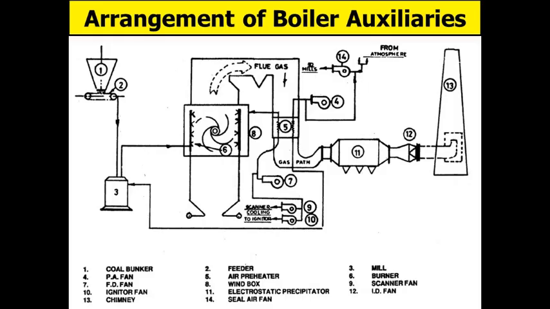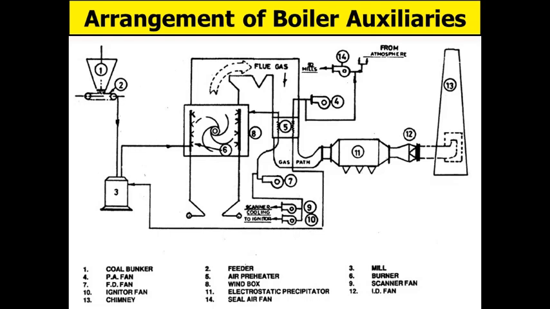So, if we see the boiler in totality, it has many parts which are integrated components of the boiler, and they are actually linked to fuel supply system and fuel processing system. Then we have various fans like PA fan, FD fan, igniter fan.